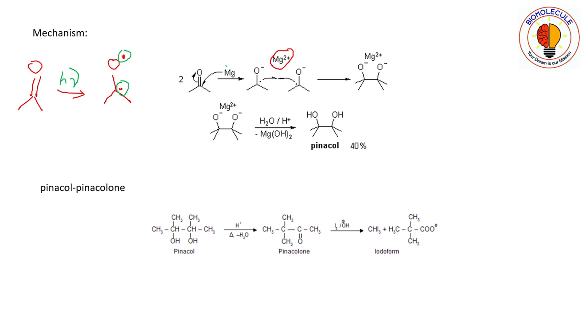This magnesium gives one electron to this oxygen atom, so now the oxygen atom will have two electrons and become negatively charged. Similarly, for the second molecule, magnesium will give its second electron to the oxygen atom.